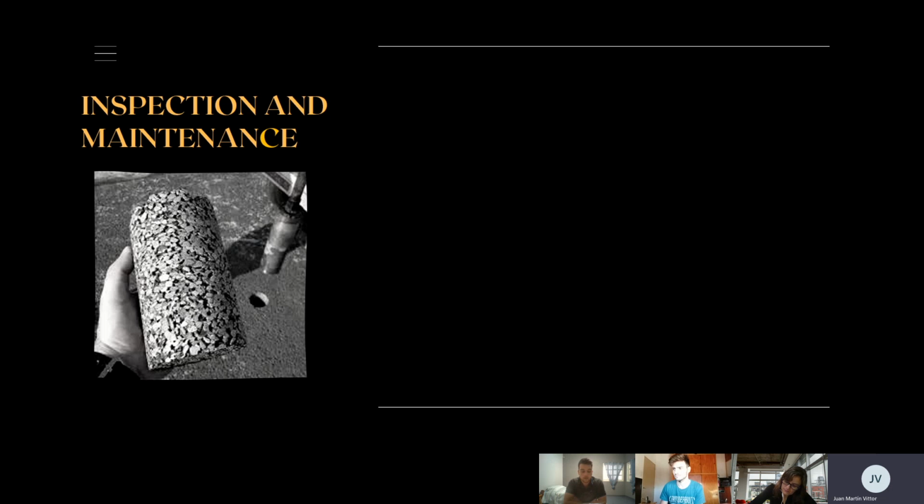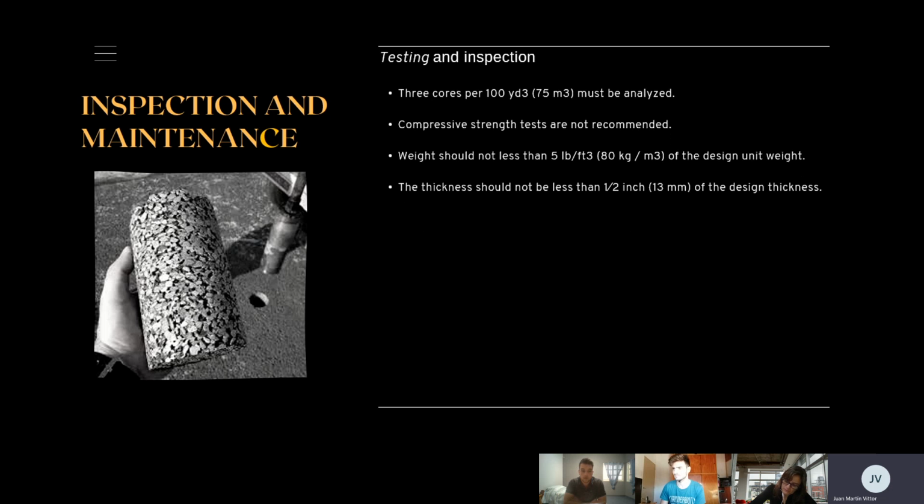Now I will talk about the inspection and maintenance of this material. Like all materials, it is necessary to carry out adequate maintenance and inspections to prolong its useful life. The testing and inspection of concrete is very important for its properties and characteristics to develop correctly and to be functional.